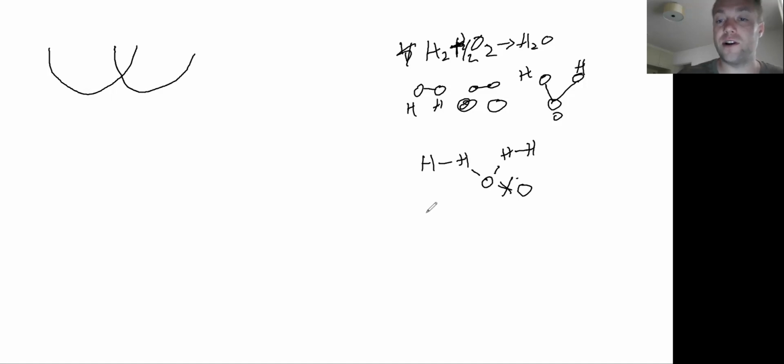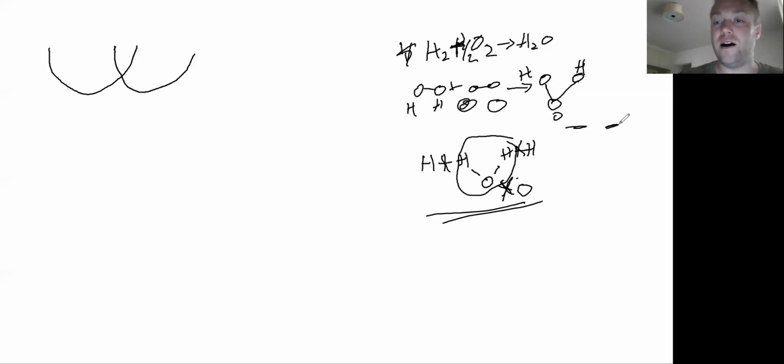So this structure is very unstable. It's maybe some intermediate I just made up. This is going to break, and this has to break, or maybe they all whack together, and then you're left with water.